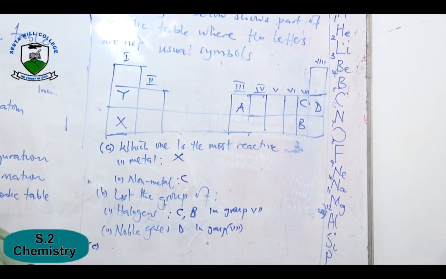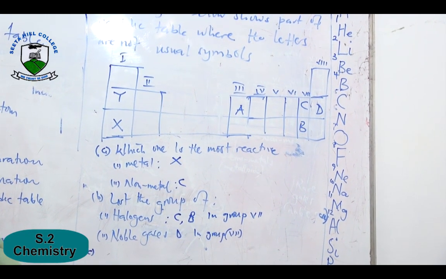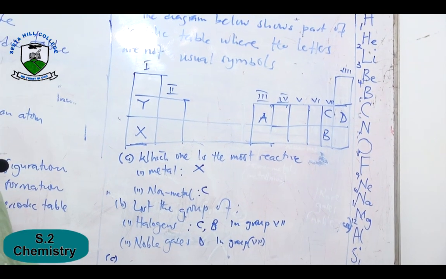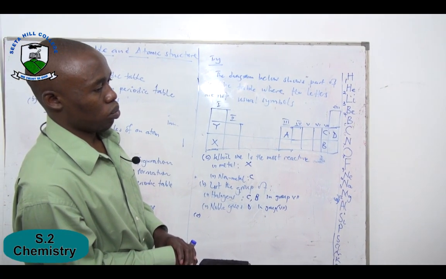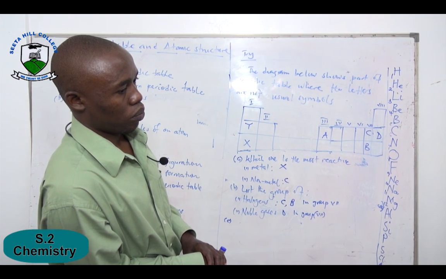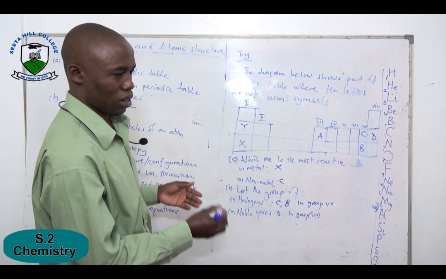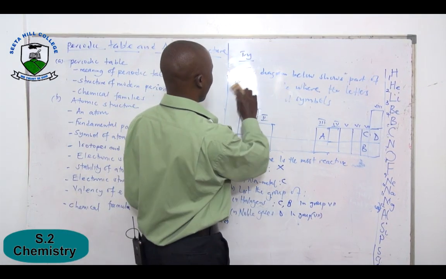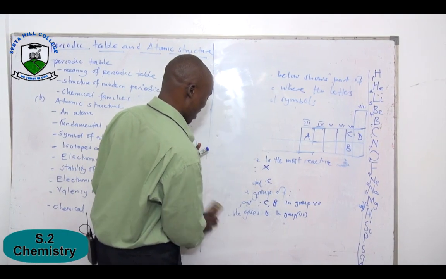But if they say list in their group, you must indicate those elements inside the group and also give the group. Group 7, C and B. So that's all. Let us drop. There are many things here. Let us drop to the atom, atomic structure.